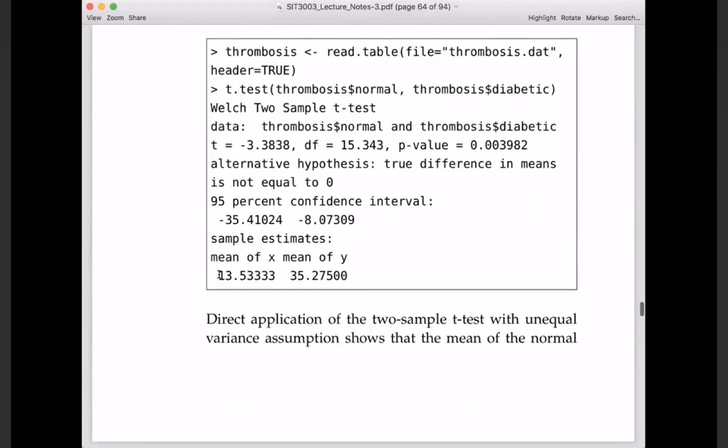The mean of this protein is about 13.5 in normal people, but it is 35 among the people with diabetes. So this is a good marker for risk of thrombosis. I think this is quite established now.